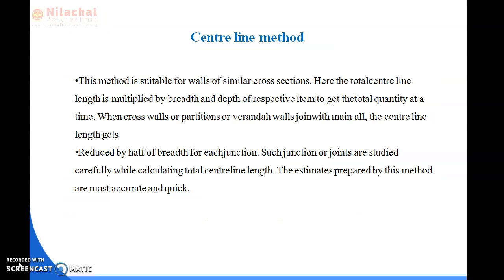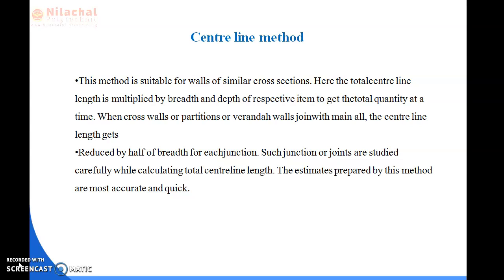Then we discuss the centerline method. This method is suitable for walls of similar cross section. Here, the total centerline length is multiplied by the breadth and depth of the respective item to get the total quantity at a time.